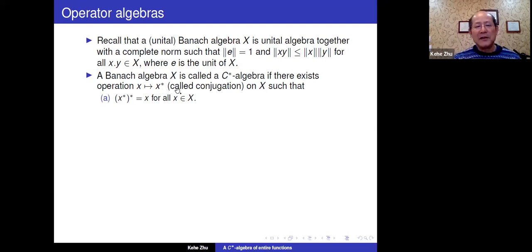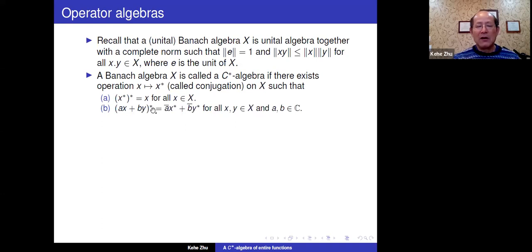The main thing for a star algebra is that the star operation is supposed to satisfy four conditions. The first is that if you take the star twice, you're back to the original vector x.